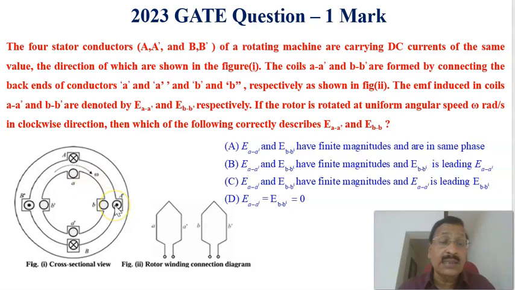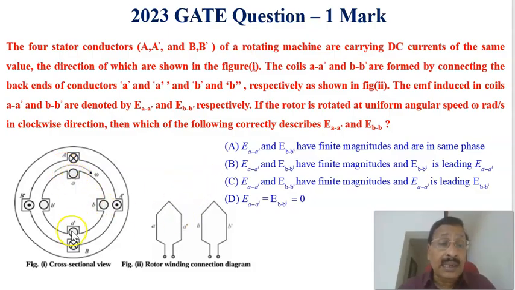This is the current leaving here. Therefore A dash. Similarly B dash. That is also shown in figure 1. The coils a, a dash and b, b dash are formed by connecting the back ends of the conductors. Therefore, small a, a dash and b, b dash represent the rotor winding.